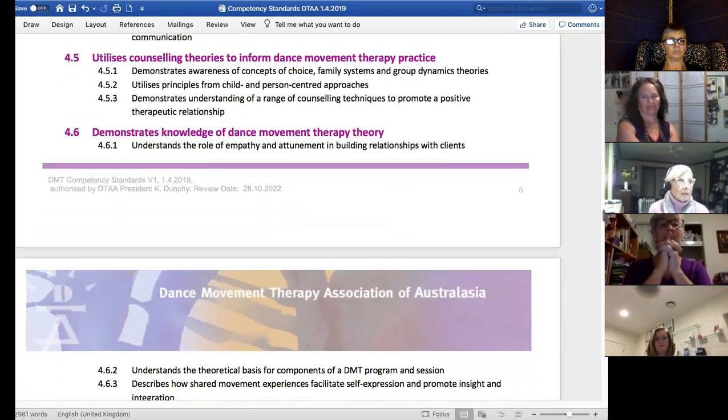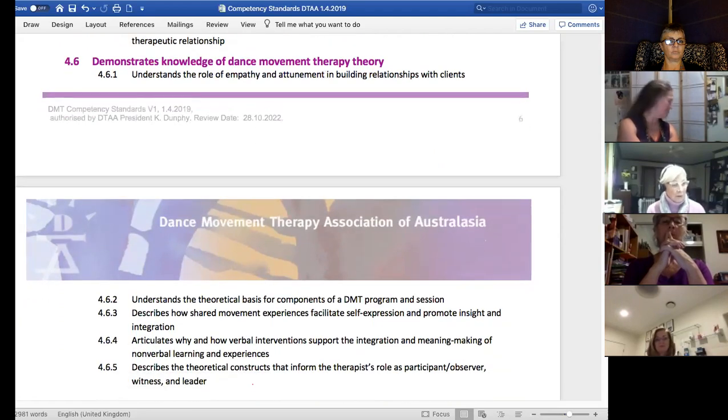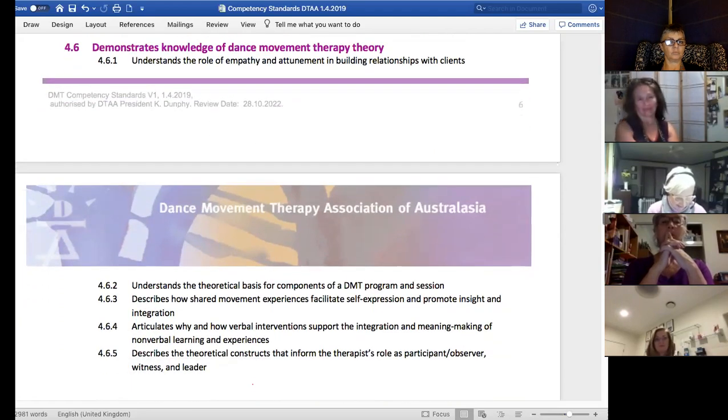Separate from that are the counseling theories, which are more about family systems, group dynamics, person-centered approaches, and an understanding of counseling techniques and how they relate to a therapeutic relationship. And then, finally, key aspects of dance movement therapy theory, such as empathy and attunement, the theoretical components that need to be in a program and in a session.